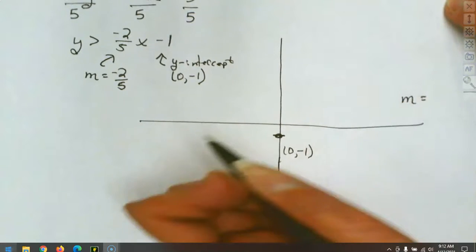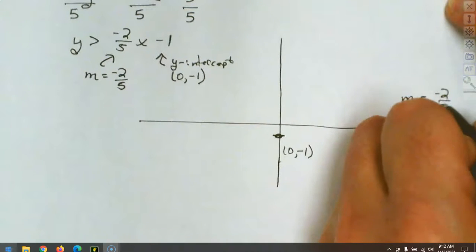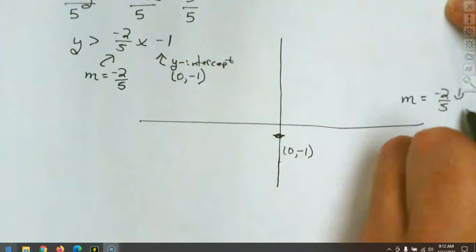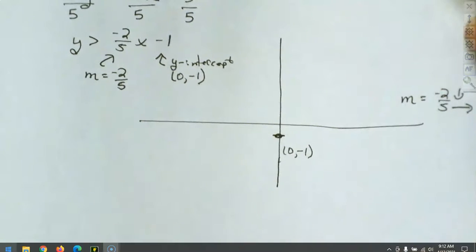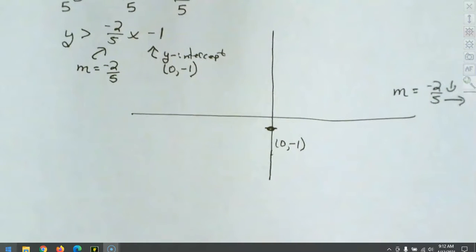My slope is negative 2/5. So that means we have to go down 2 and to the right 5. We always go to the right. It's either up or down, and always to the right. Never to the left. Always, always to the right here.